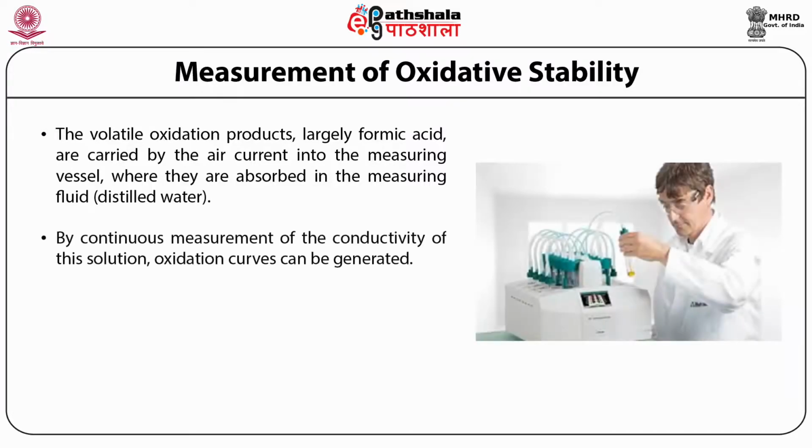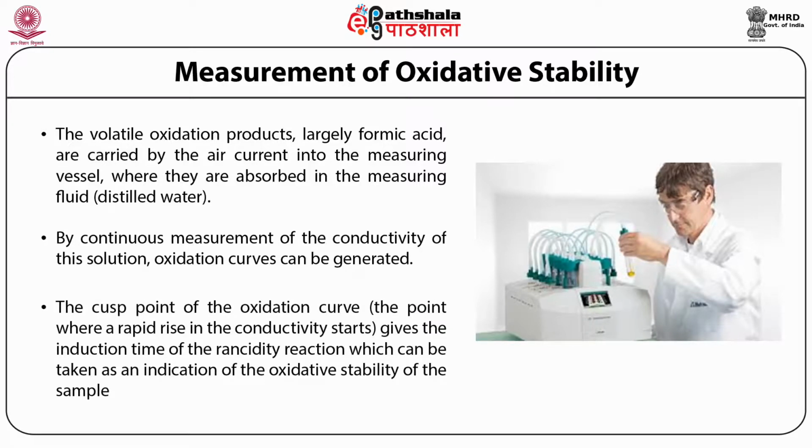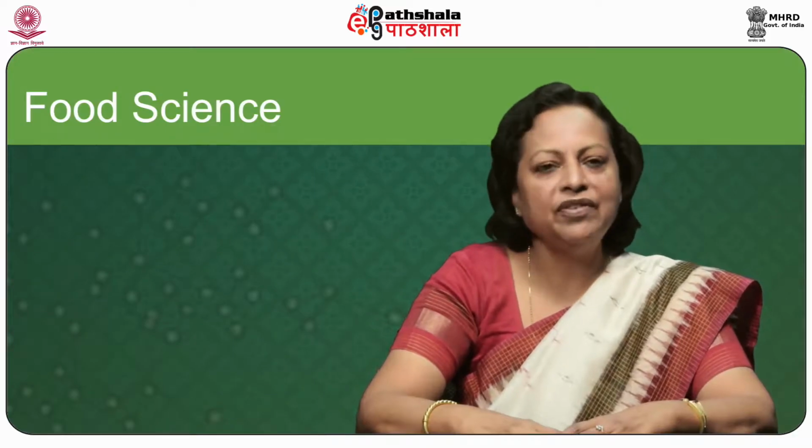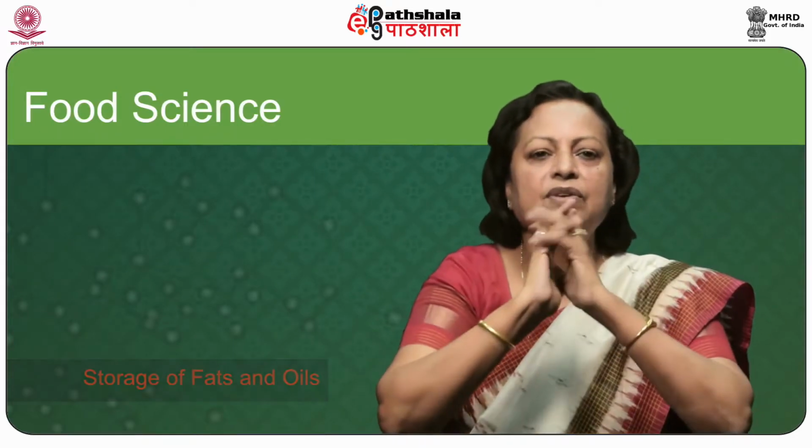By continuous measurement of the conductivity of this solution, oxidation curves can be generated. The cusp point of the oxidation curve, that is the point where a rapid rise in the conductivity starts, gives the induction time of the rancidity reaction, which can be taken as an indication of the oxidative stability of the sample. Students, now we will discuss storage of fats and oils.